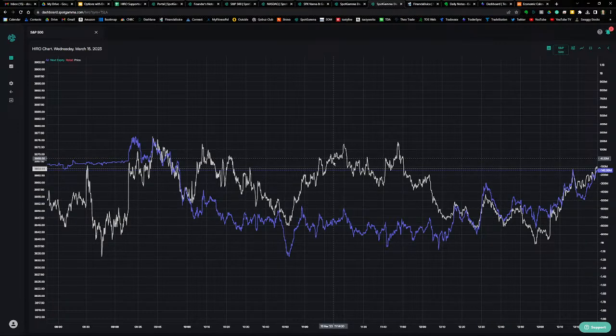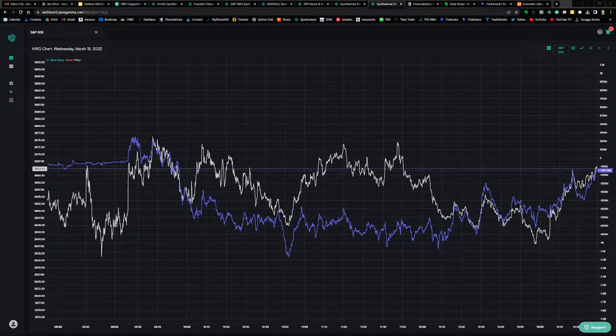Price is shown with a white line, and the purple line is showing the total Hero signal. For those of you who may not be familiar with Hero, it is the hedging impact of real-time options, and this is showing just what it says, the hedging impact of real-time options trades, and again for this symbol, SPX plus SPY.